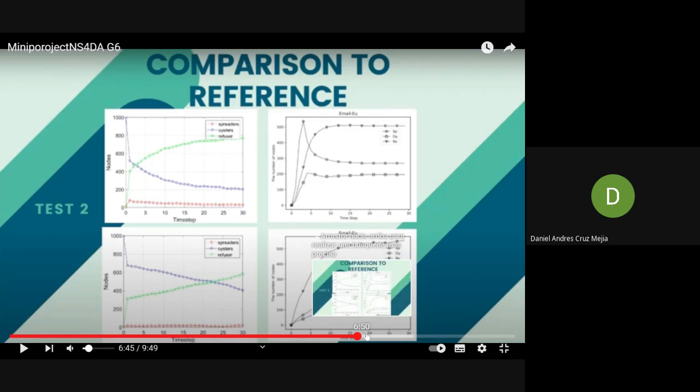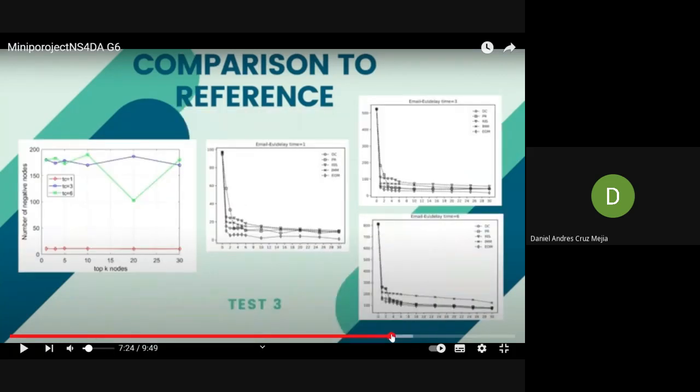And here we see that the model, although it's kind of similar, still has to be better. And the third test is one they did varying the number of initial positive spread seeds, which is the top K nodes in the x-axis, and the delay time.